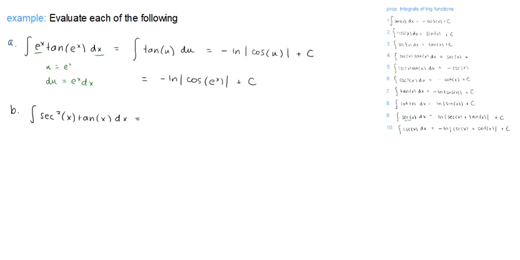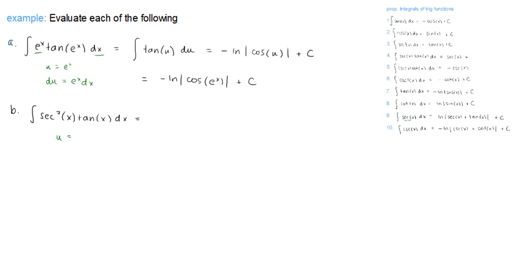The problem here is that I want the antiderivative of secant to the power of 7, which means that power is complicating things quite a bit. So that means I'm probably going to have to do a substitution once again, or an integration by parts.